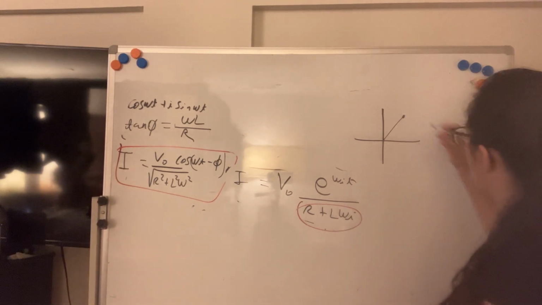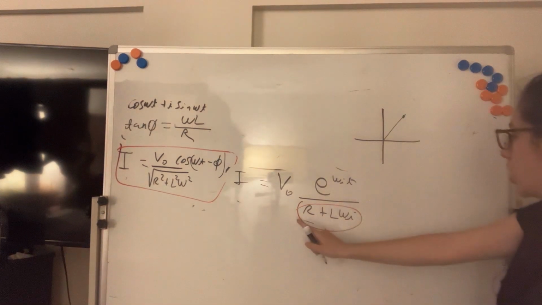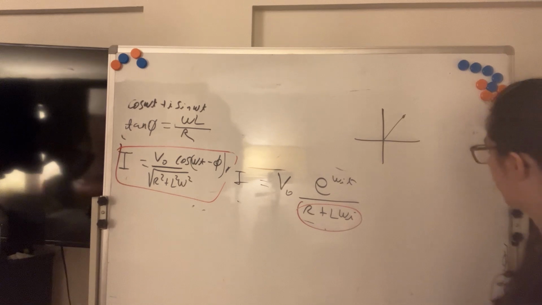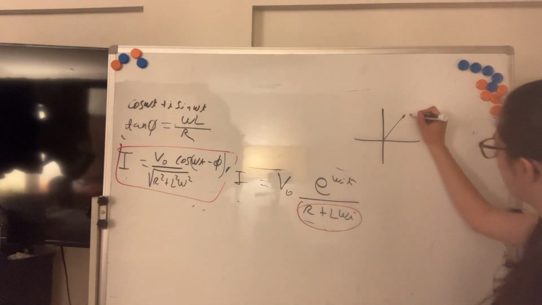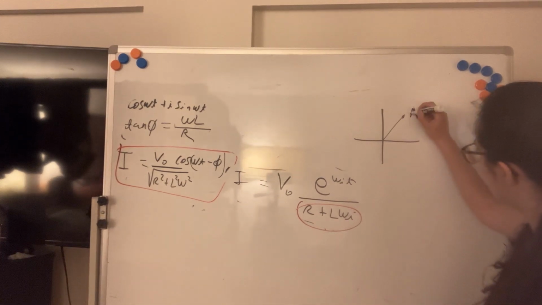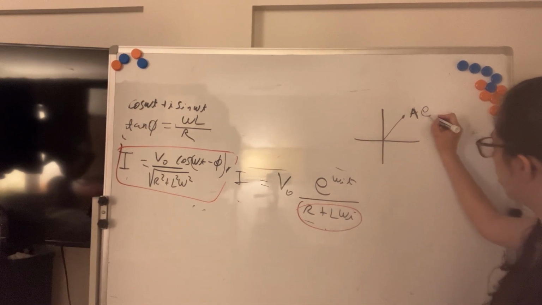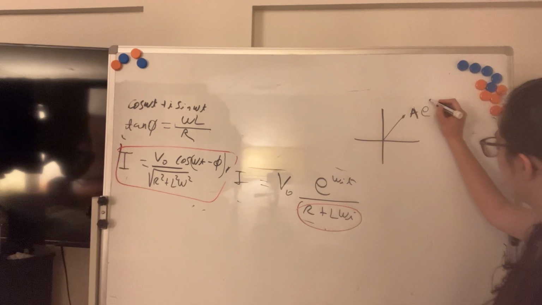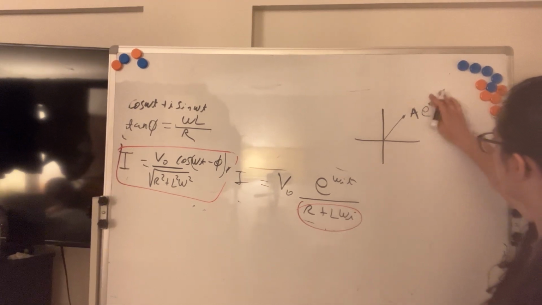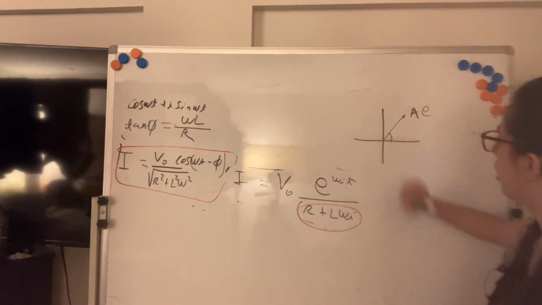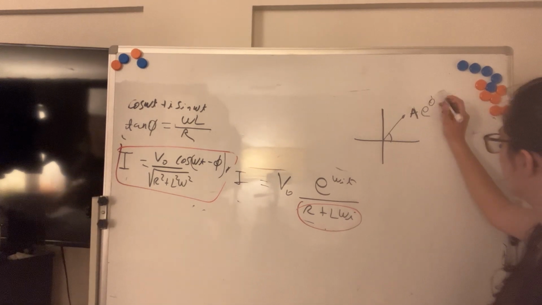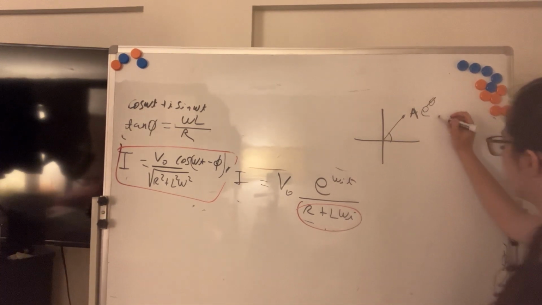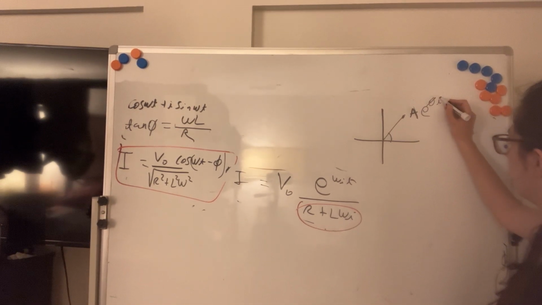This is a point. This point is this R plus L omega I. This can be represented as some number A e to the phi I.